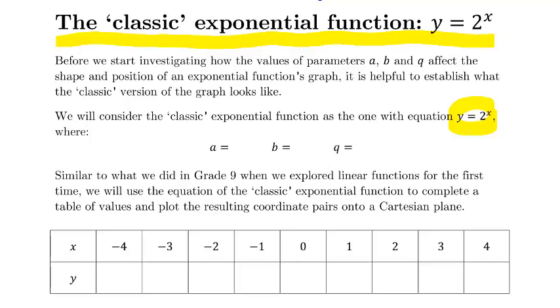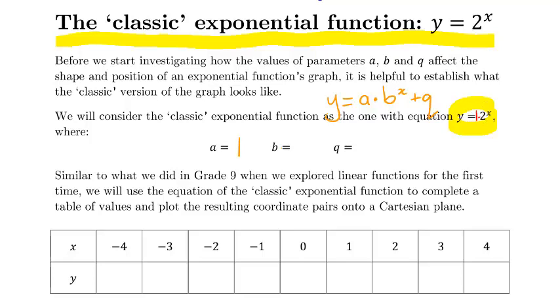Well, let me remind you guys that the standard form of an exponential function's equation is y equals a times b to the x plus q, okay? And let's compare that to y equals 2 to the x. Guys, there's an invisible 1 timesing by 2 to the x. a is equal to 1 over here.